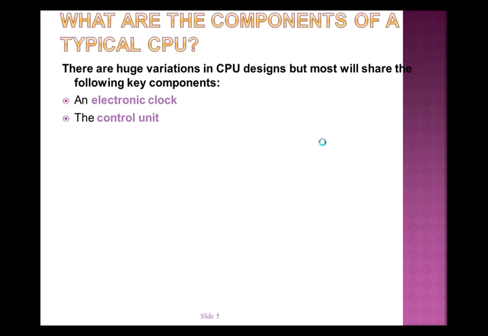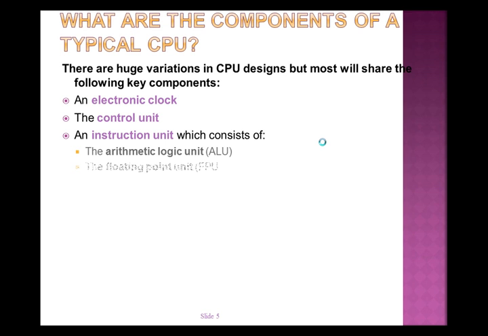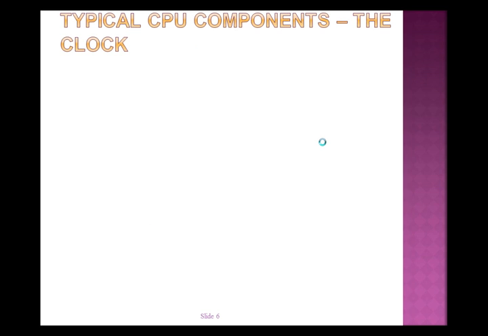One of the common elements is the electronic clock. Another important common element is the control unit. Another common element is the instruction unit that consists of ALU, FPU (floating point unit), registers, buses, bus management unit. So these are the various elements common to every CPU or every processor.